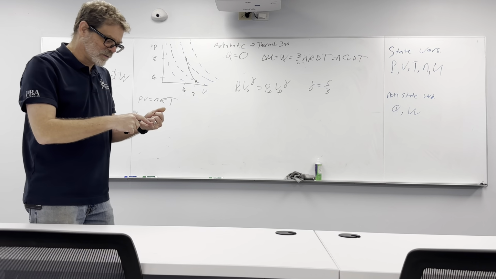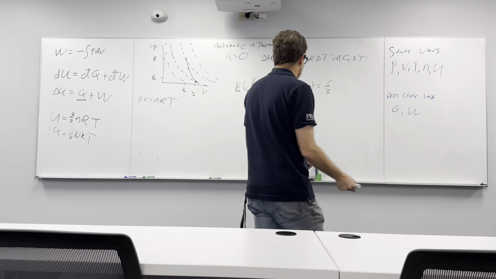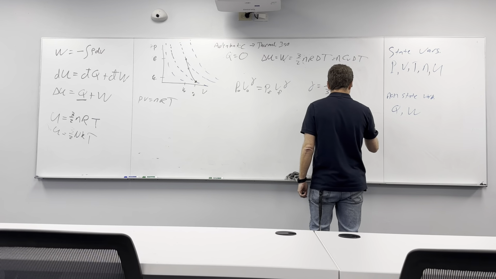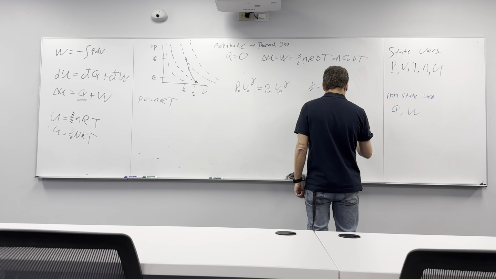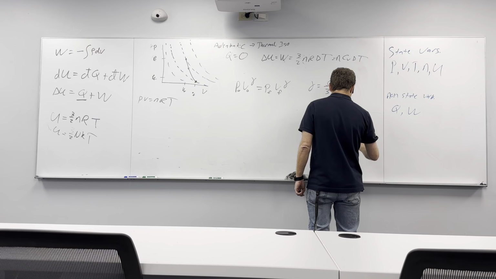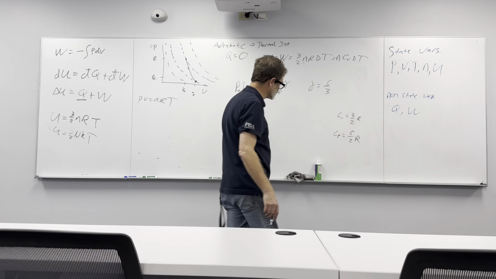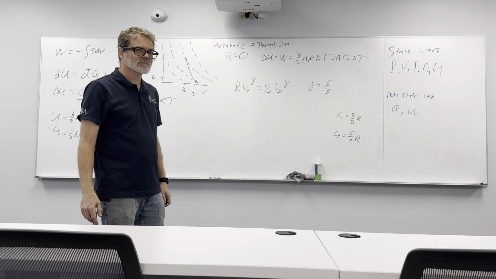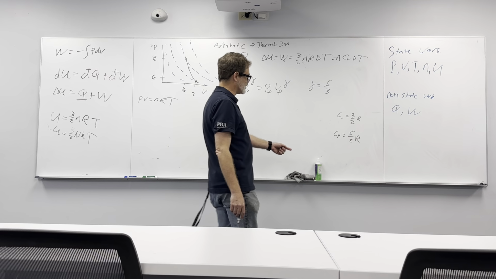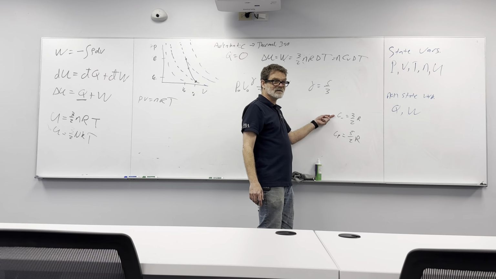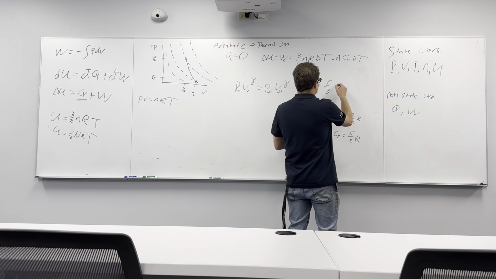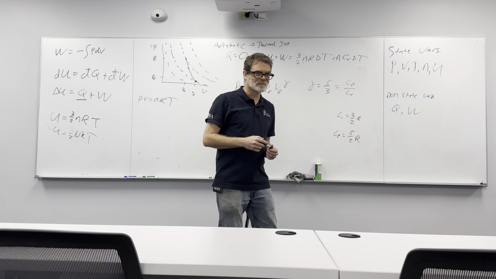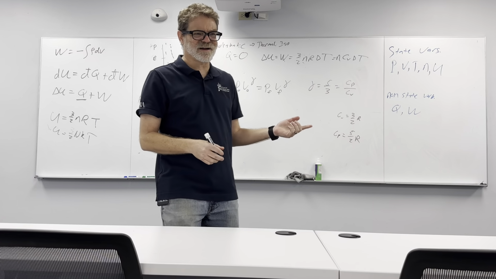So what was the 3 halves? CV, yes. CV was 3 halves R. CP is 5 halves R. Can I get a 5/3 out of those? Yes, if I divide CP by CV. So gamma, which is 5/3, is actually CP over CV.